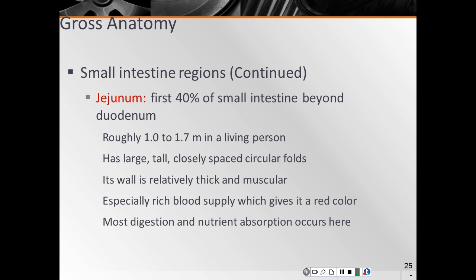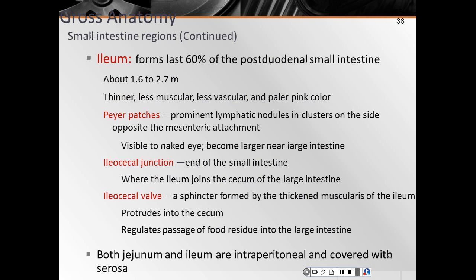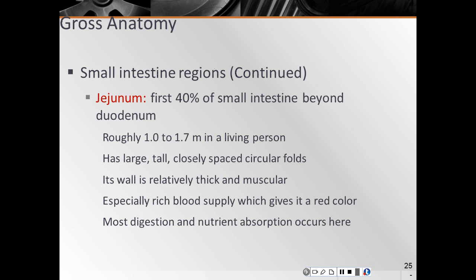It has large, tall, closely spaced circular folds with relatively thick and muscular walls and a rich blood supply, giving it its relatively red color. Most digestion and nutrient absorption will occur here.